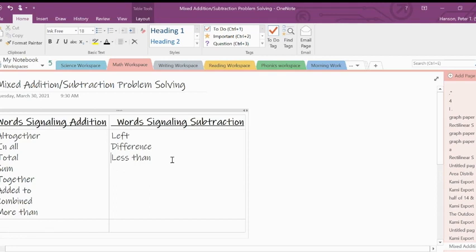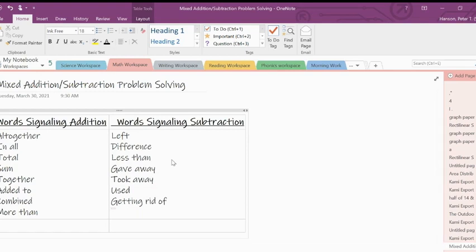Less than, you might see that gave away, right? Or took away, right? Used, right? When we use something, we're subtracting, we're getting rid of it. Getting rid of, right? All of those things are going to be signaling to us that we need to subtract.